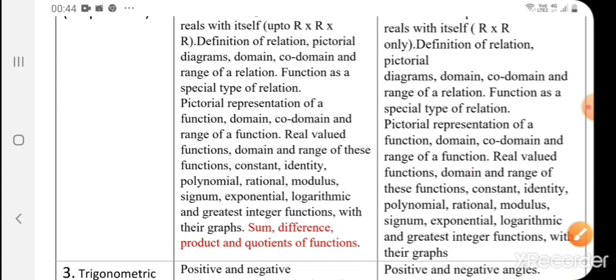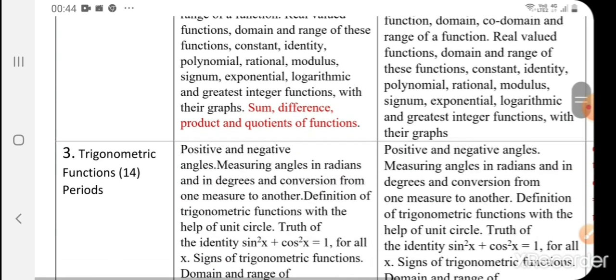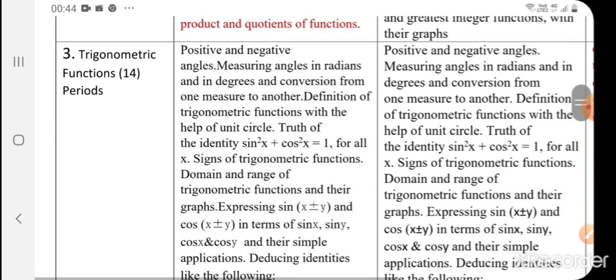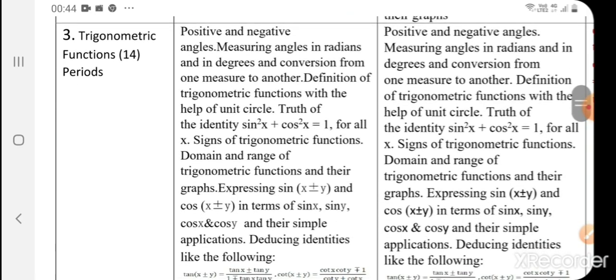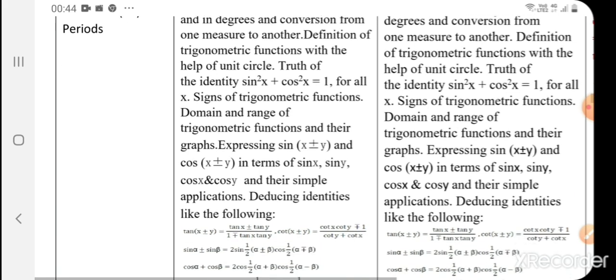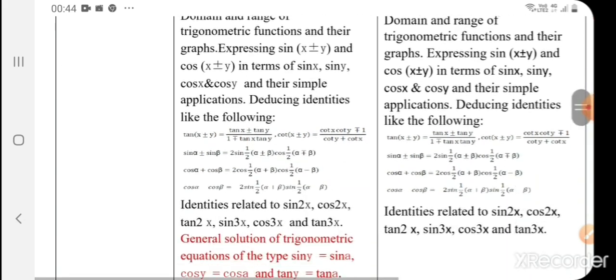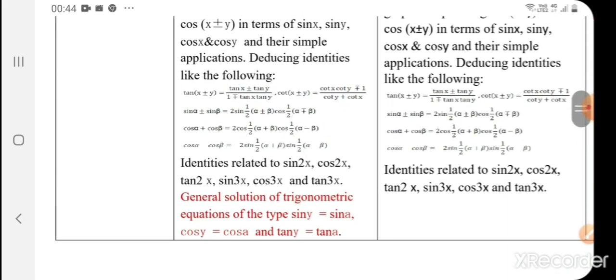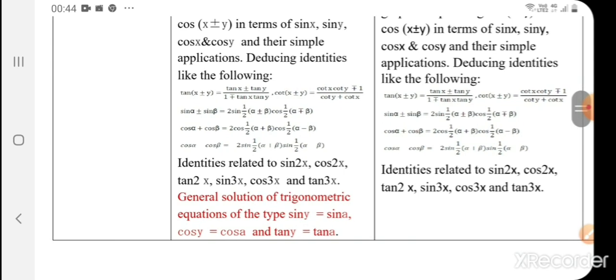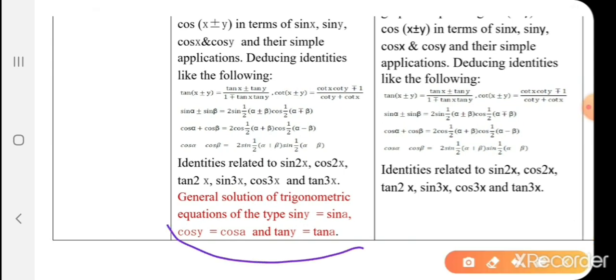You can find detail in the description box. Now chapter 3. In chapter 3, all are included except the general solution of trigonometric equations of this form. Only this much is excluded.